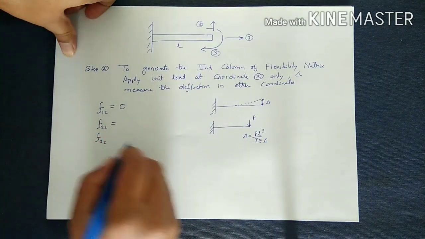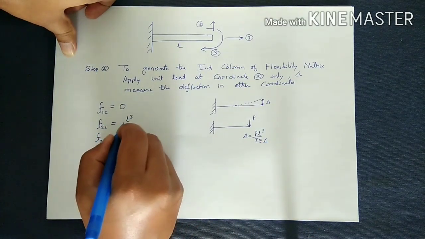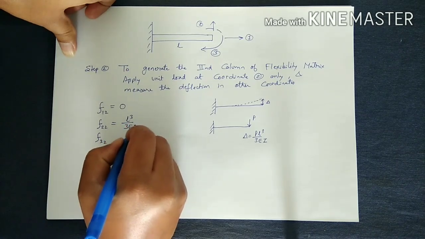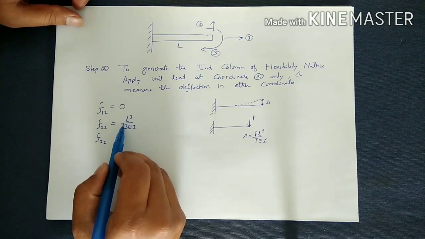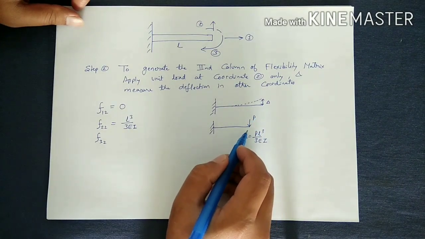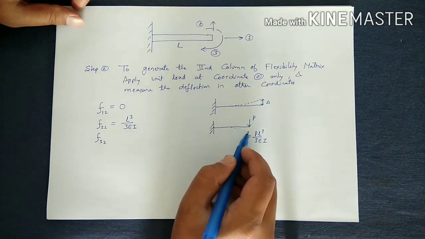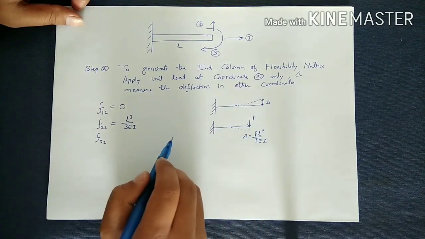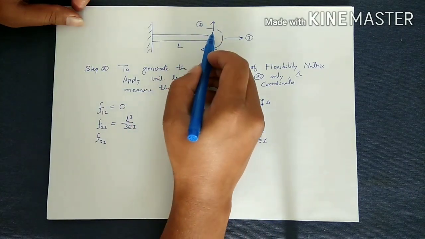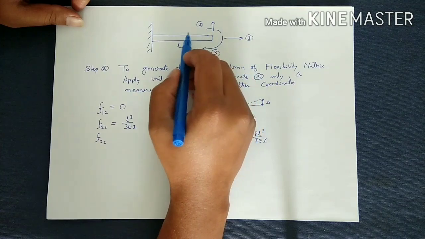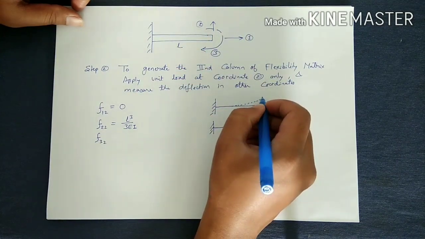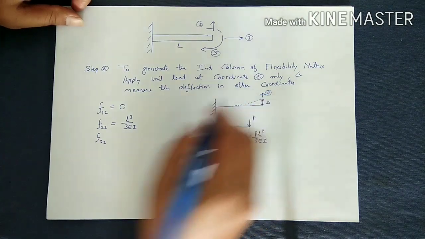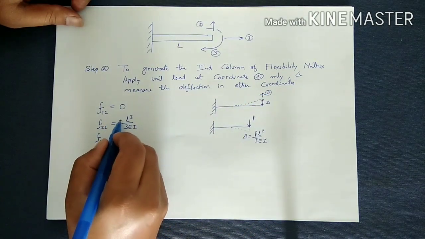Therefore, it will be L cube by 3EI. Its sign will be positive since deformation is occurring in the direction of force. So, if we consider this direction, the beam will deflect upside, that is in the direction of coordinate 2 only. Therefore, its sign will be positive.